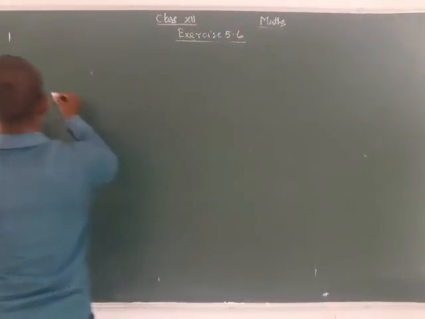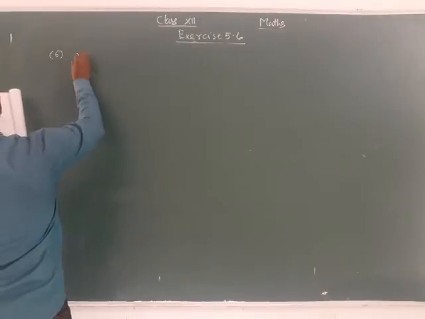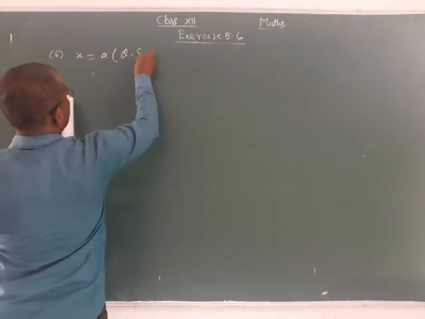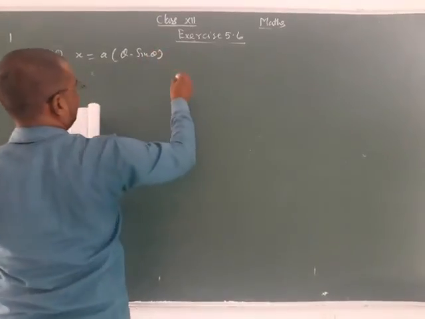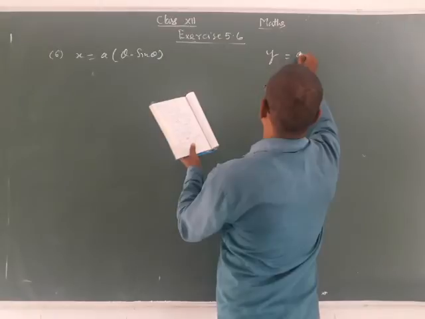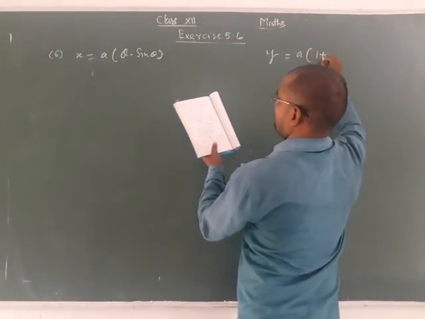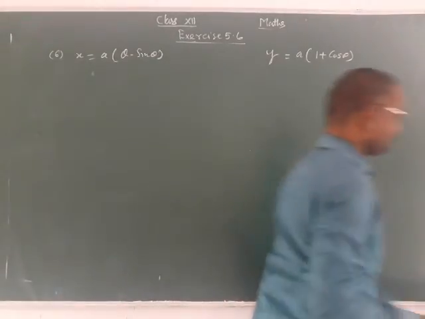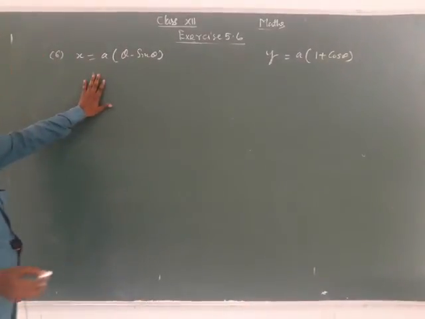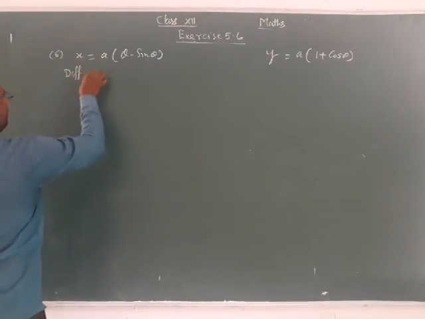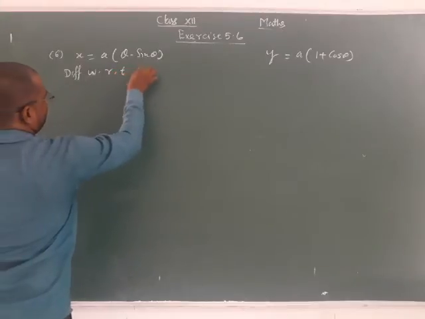And question number 6. X is equal to a into theta minus sin theta, and y is equal to a into 1 plus cos theta. There are two functions given in parametric form. So now differentiate with respect to theta.